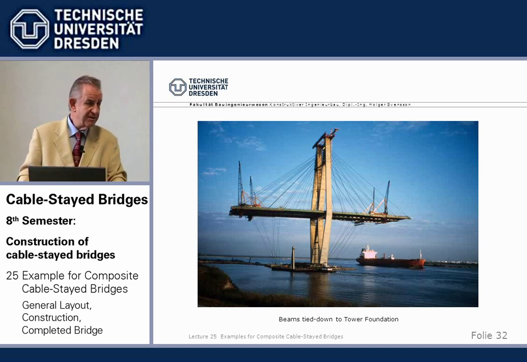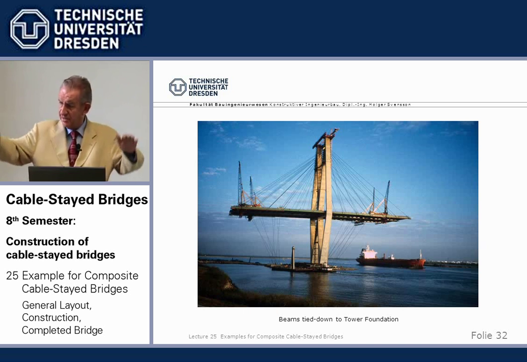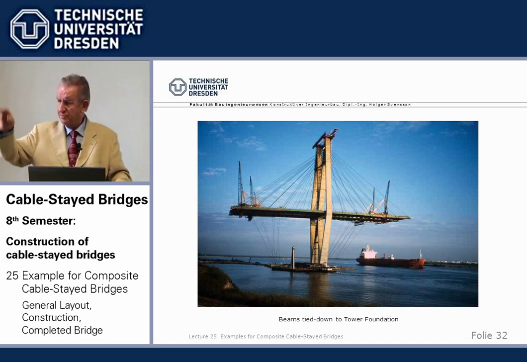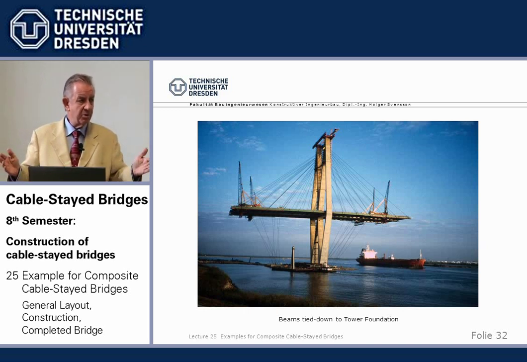We had at least 2 hurricanes during construction going straight over during the 3 years. And the bridge behaved exactly as expected, as calculated. The cantilevers made 1.5 meters plus minus movement when we were really far out. And everything worked fine.